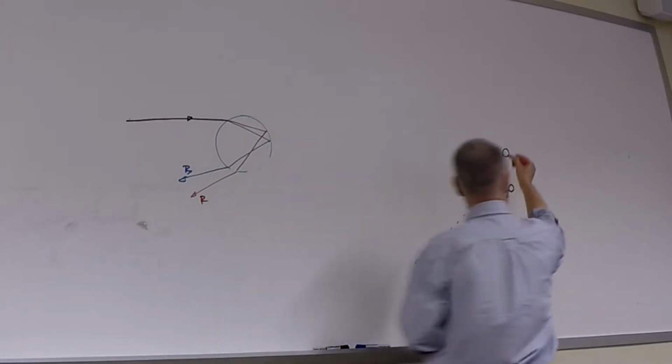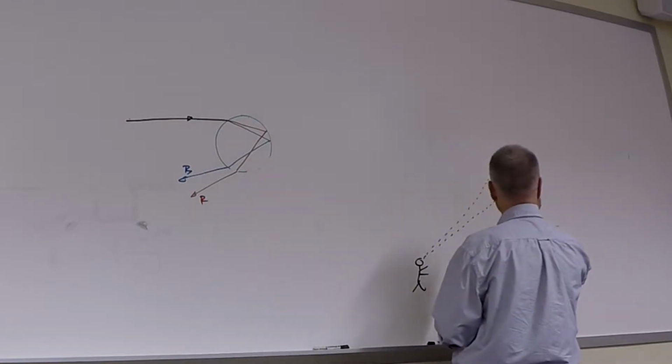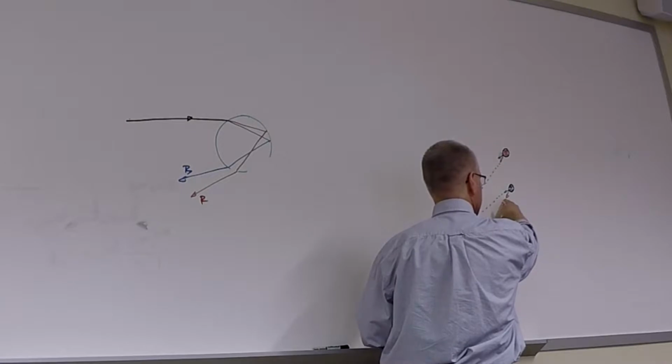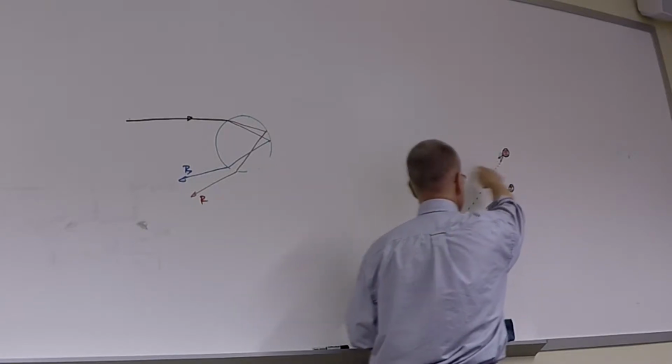Sure, this one looks red. This one looks blue. Where did the red go here? It's over here someplace. Where did the blue go here? It's over here somewhere.